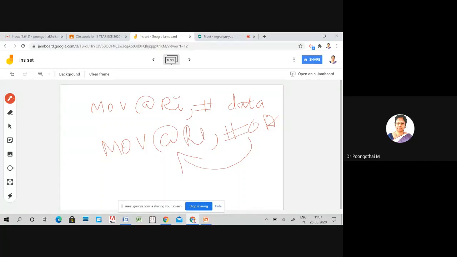So it's an indirect addressing mode, and it takes 1 byte of program memory and one machine cycle to execute. Sorry, this one is 2 bytes, 1 machine cycle. So immediate data was specified in the instruction. So 1 byte is for your opcode, and the next one is for immediate data.